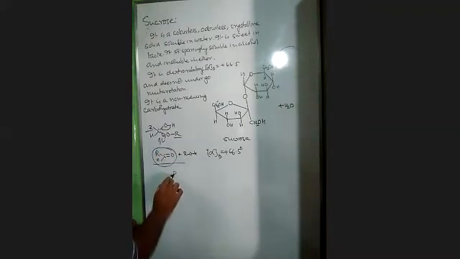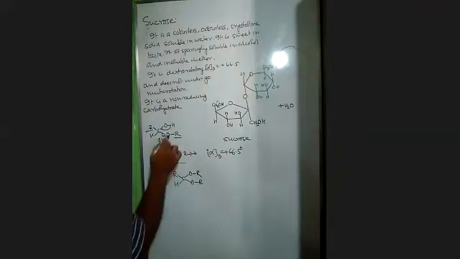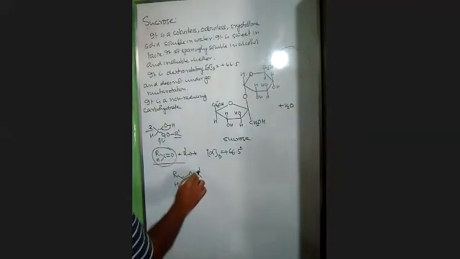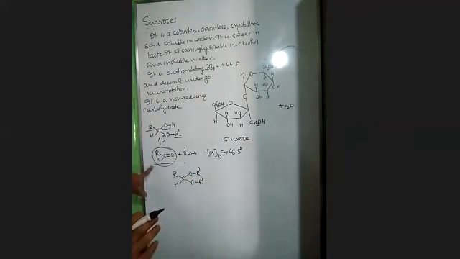But suppose you have taken this, and this is linked with R1, and this is linked with R1. In this case, hydrogen is missing. So this molecule will not break to give you aldehyde. Understood?